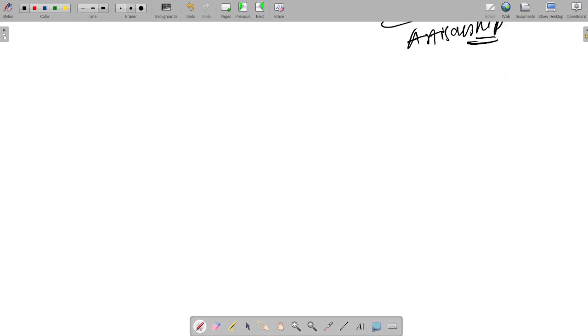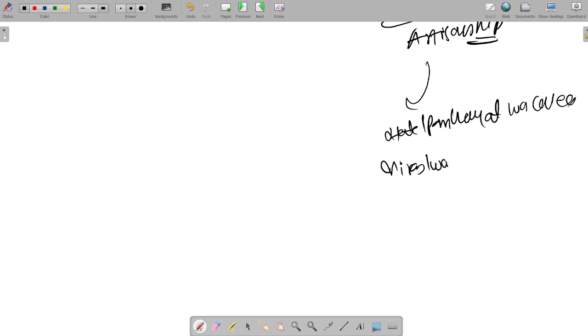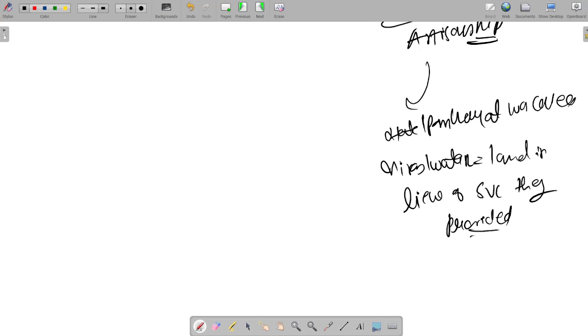The land given to them by state or panchayat was called miras or watan, that is land in lieu of services they provided.